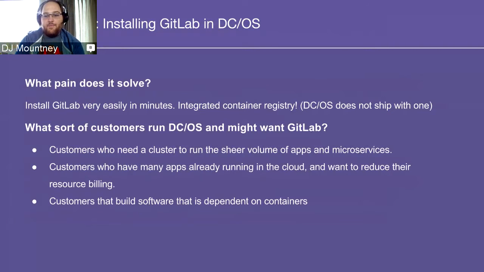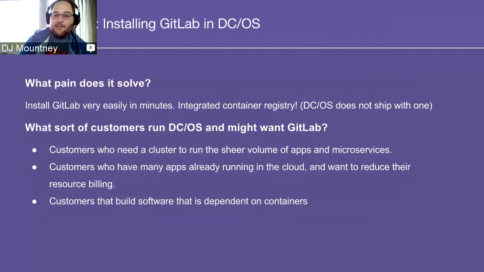And one side note here is that the fact that we have an integrated container registry is a compelling reason why you might want to install GitLab in DCOS, regardless of other reasons. That's because DCOS doesn't ship with a container registry, which is very odd because this is a container orchestration platform, and it doesn't ship with a registry that you can store your containers in.